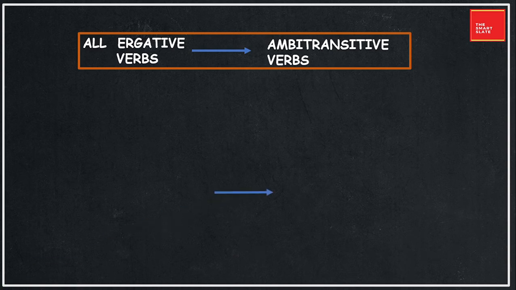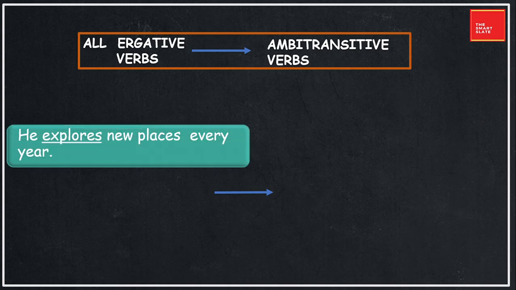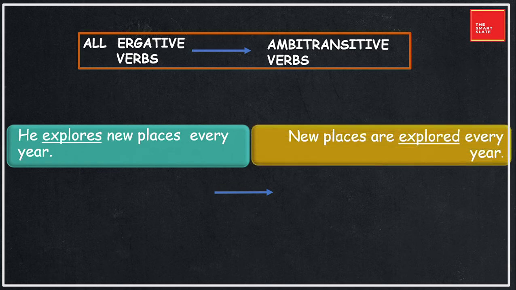We'll understand it with the help of an example where we change the voice of an ergative verb. He explores new places every year. Here, new places is the object. Now in the voice change, we make the object the subject: new places are explored every year. Ambitransitive verbs usually are intransitive in nature and do not have any object.